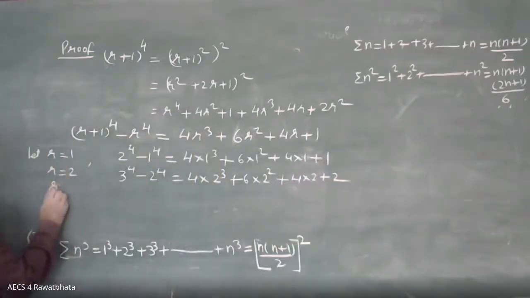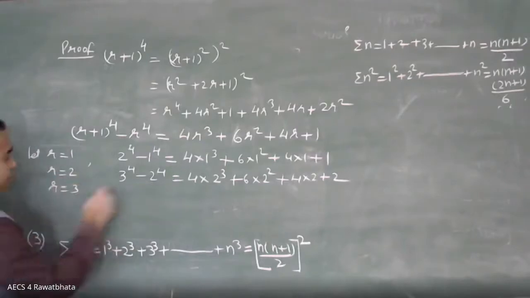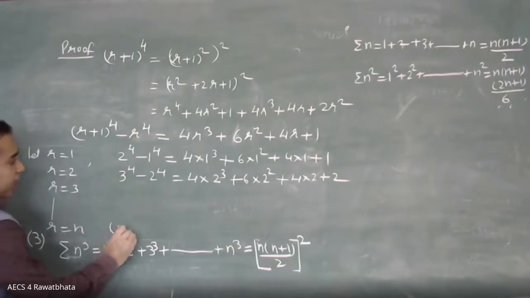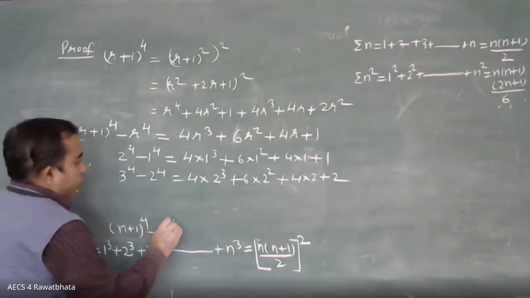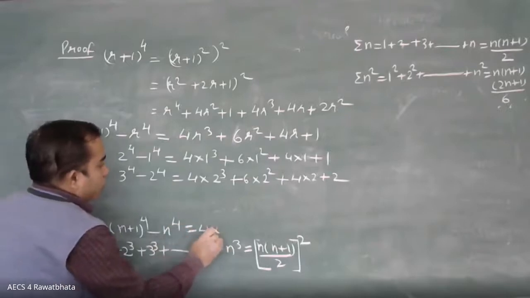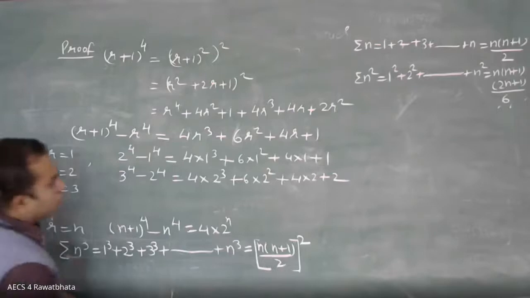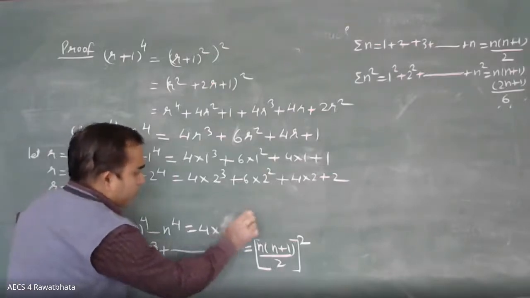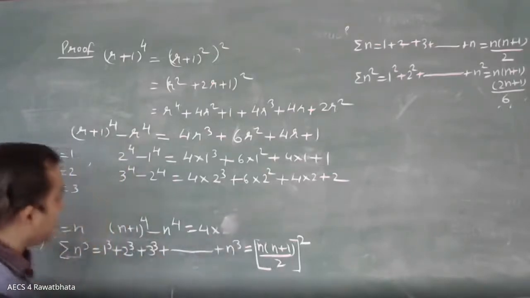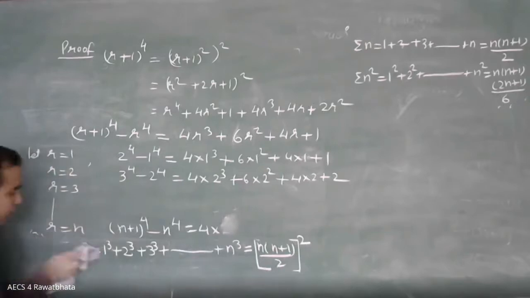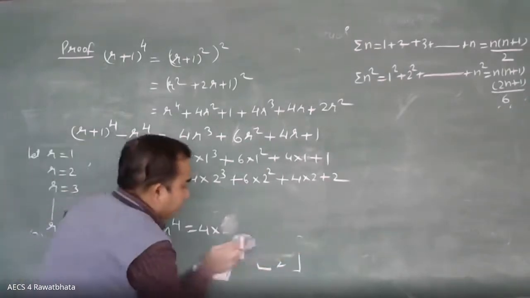And similarly, if you put r equal to 3, that line can be written, and in the end, you put r equal to n. Then you'll get n plus 1 whole to power 4 minus n to power 4 is equal to 4 into 2 raised to power n. Am I right? No. What should come, students? Friends, what should I write? Are you following?